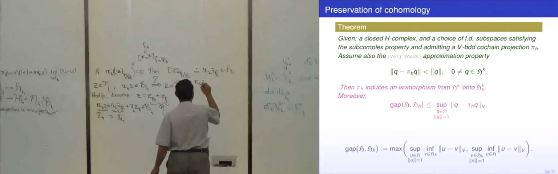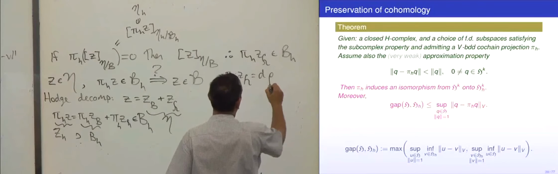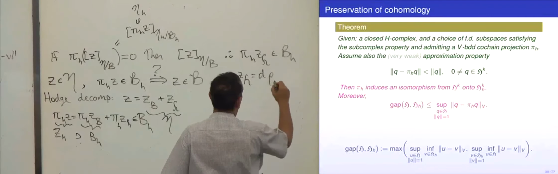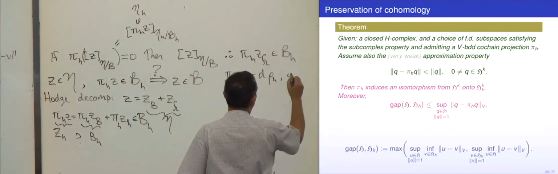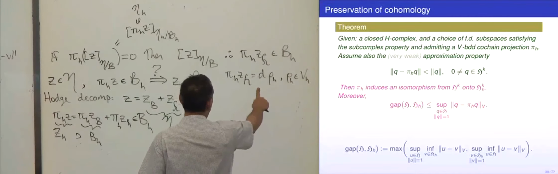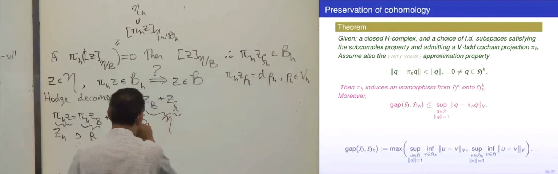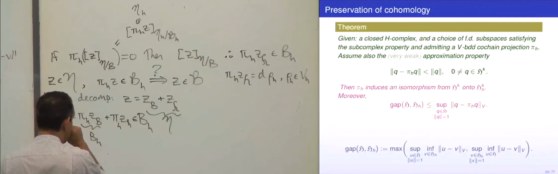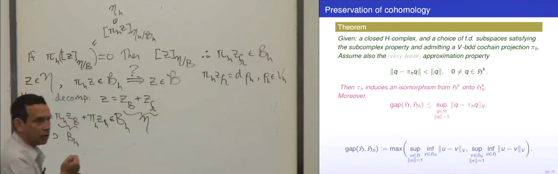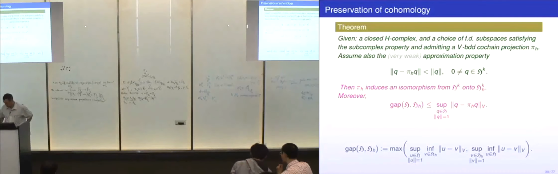Pi h of ZH is equal to D of some rho. Some rho h in VH. So this is in B. You have the next step? It's really slick and easy. I just don't remember.